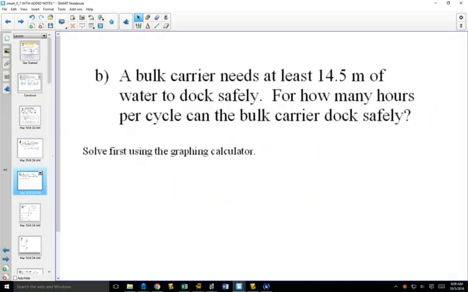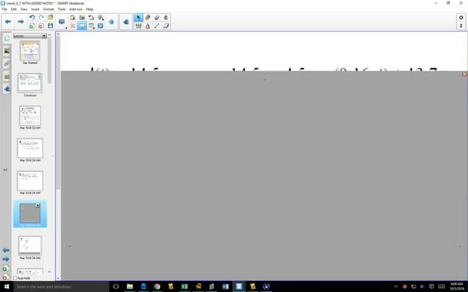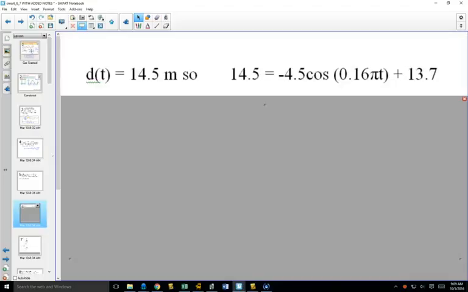So if we were going to solve this without using our graphing calculator's graphing functions, just solving it algebraically, you want to find out where those graphs intersect, or where they hit 14.5.